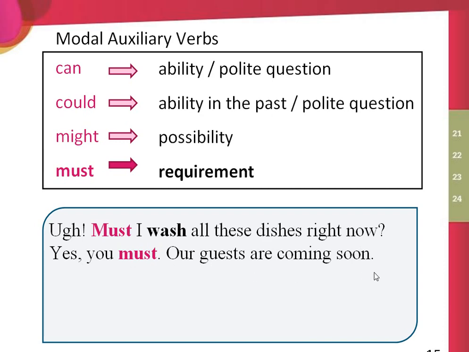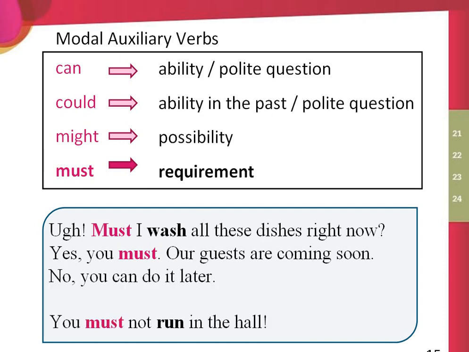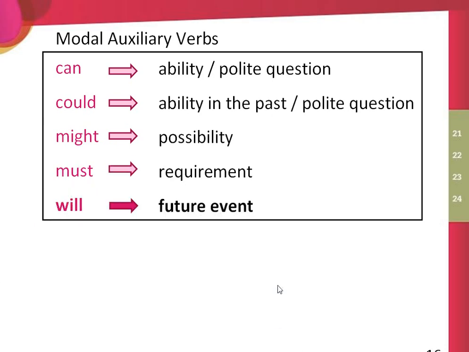It's important to say that must indicates a strong obligation. It's not very well recommended to use when you talk about necessity, because people don't feel very comfortable when you use must for them. No, you can do it later. You must not run in the hall.